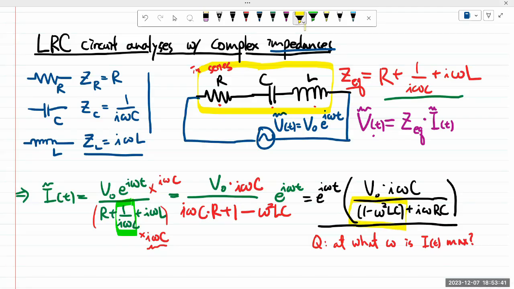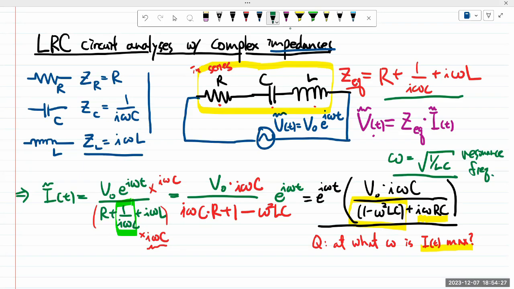If I'm trying to maximize current, I'm trying to minimize the denominator. And here, other than making omega 0, I can't do anything there. But in this term, there's a value of omega that's not 0 that'll make this real part 0. That value being omega equal to the square root of 1 over LC. If you plug that in there, square it, LC cancels out, you get 1, 1 minus 1, hey, that's a 0. So this is the resonance frequency. That's something you can get just by staring at it.